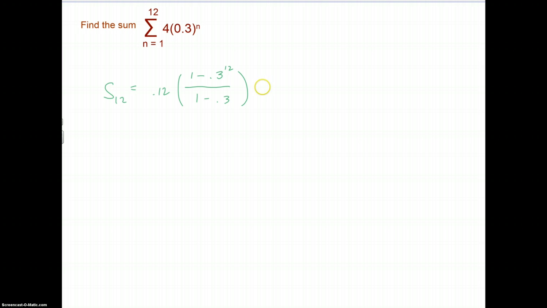Just following the formula. And this will come out to be 5.714 if you did it all out. You can figure out each of the terms and add them up. This should save you some time though.